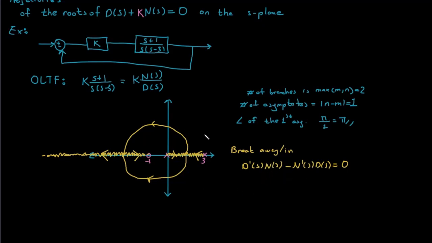So d of s is equal to s squared minus 3s, so d prime of s is 2s minus 3, and n of s is equal to s plus 1, n prime of s is equal to 1, and d of s is equal to s squared minus 3s.